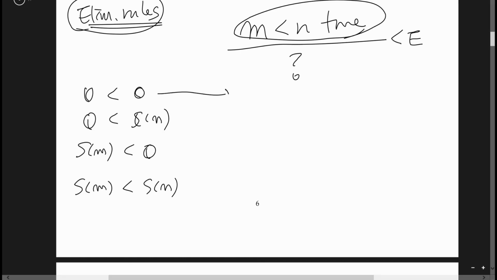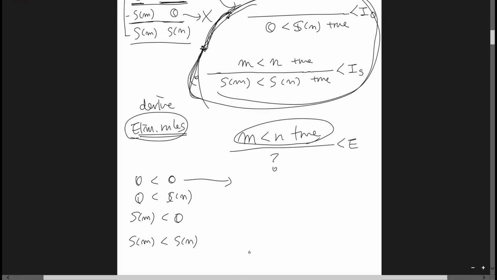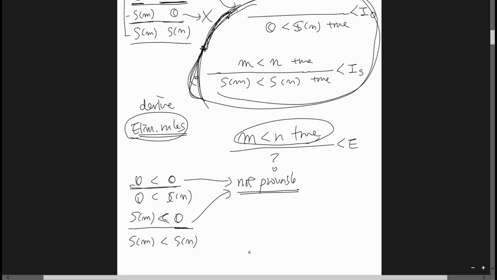The first case, according to these two introduction rules, should not be provable. And similarly, this one is not provable because 0 cannot appear to the right-hand side of this less than. But these two are not provable. So if you had a proof of this one, it would mean that something terrible has happened. Because according to these two introduction rules, these two are not provable.